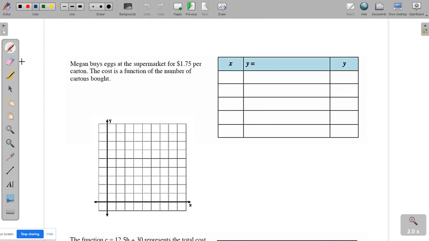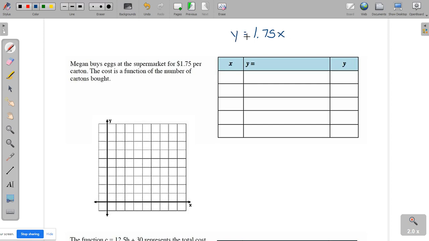So Megan buys eggs at the supermarket for $1.75 per carton. We need to graph this. So what would be the equation here? So the equation would be 1.75 per egg, which we can call x.